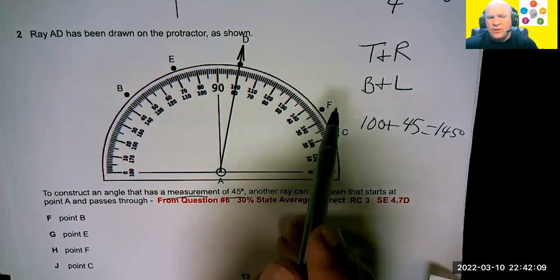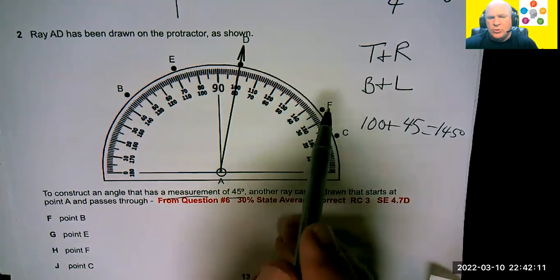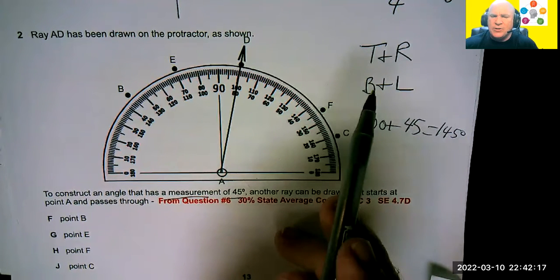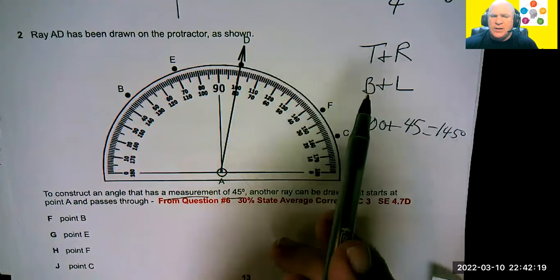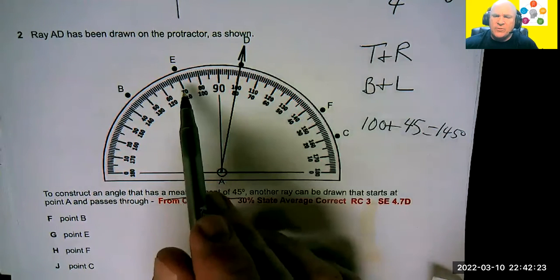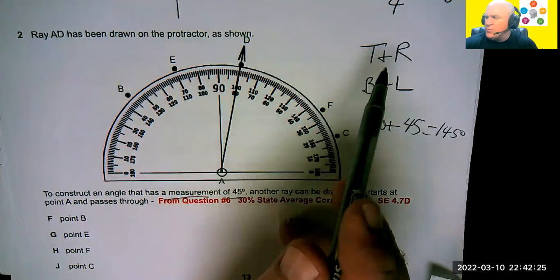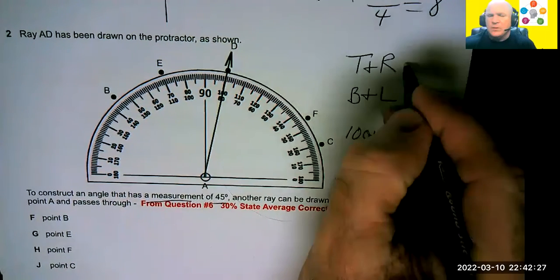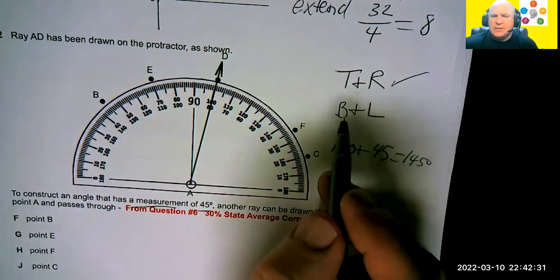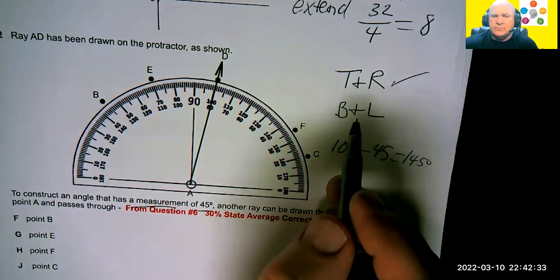But if you want to check the other direction, then we can go to the bottom and add 45. So since this one is true, then we know that that's the answer.